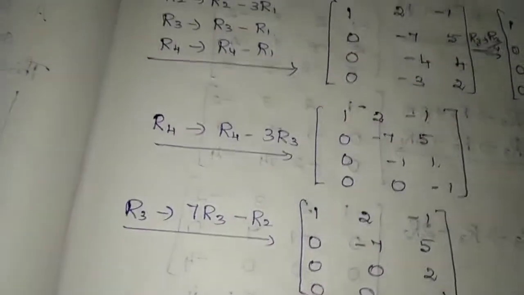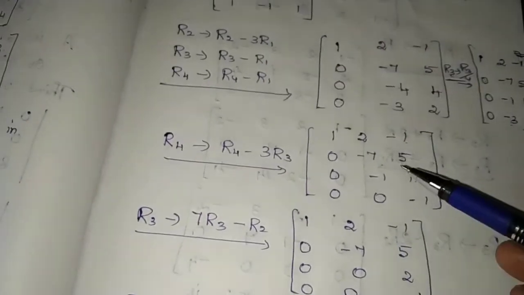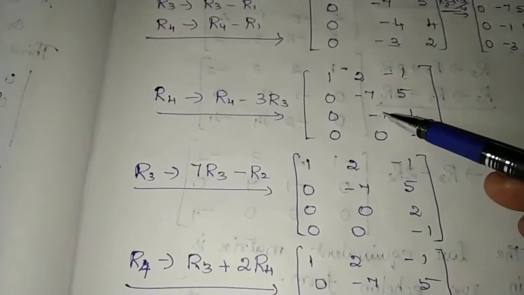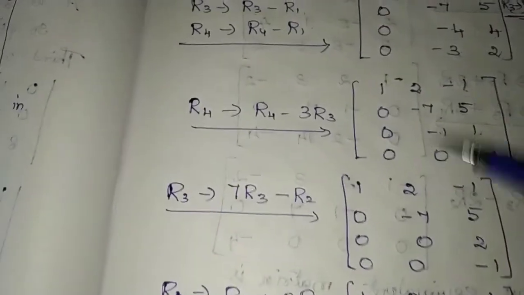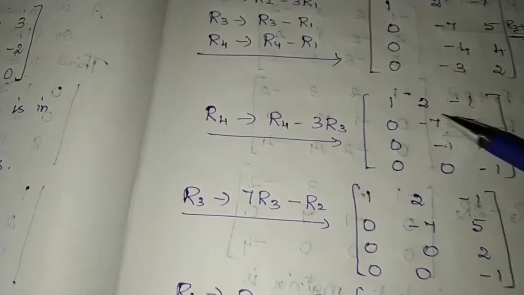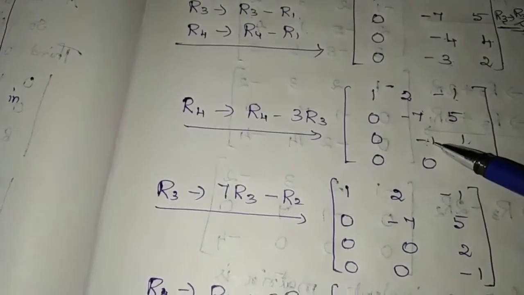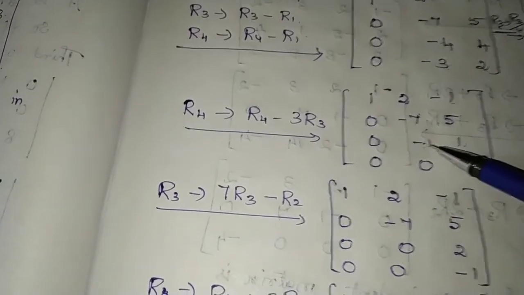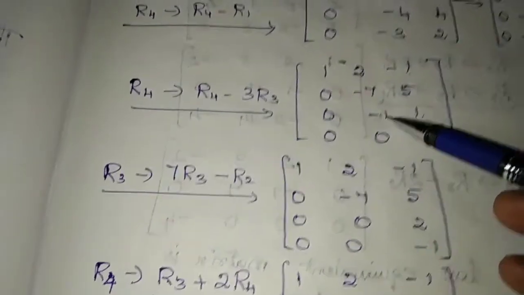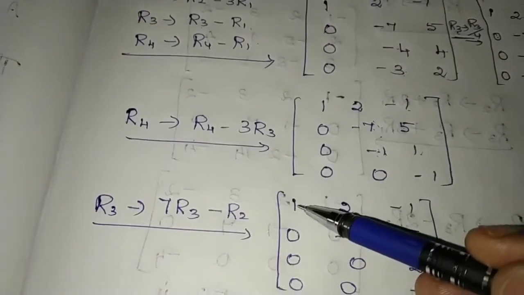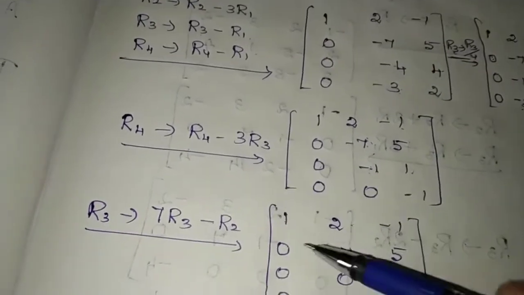And next we are going to see in this place, to make 0. Here now subtract this 2. Here multiplied by 7 and subtract. R3 implies 7R3 minus R2. 7R3 minus R2: 1, 2, minus 1, 0, minus 7, 5.